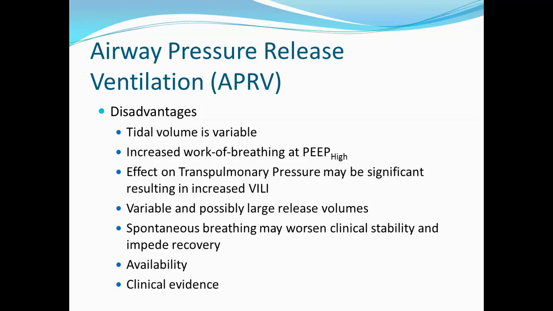The transpulmonary pressure is the alveolar pressure minus the pleural pressure. If the alveolar pressure is 25 and the pleural pressure is a -7, then our formula would be 25 minus a -7, or 25 plus 7, and our transpulmonary pressure would be 32.